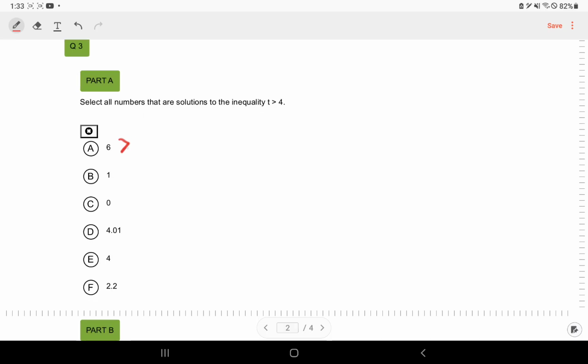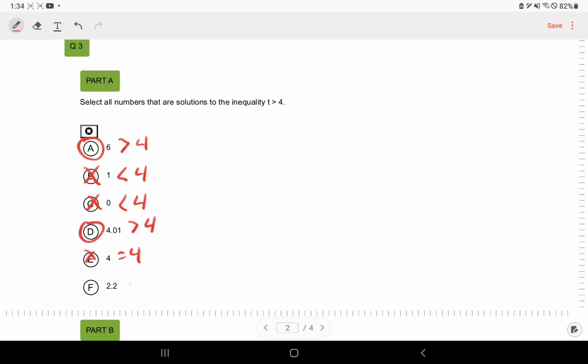Well, 6 is greater than 4, so A works. 1 is less than 4, so no. 0 is less than 4, so no. 4.01 is greater than 4, so that works. 4 equals 4, so it's not greater than 4, so that doesn't work.